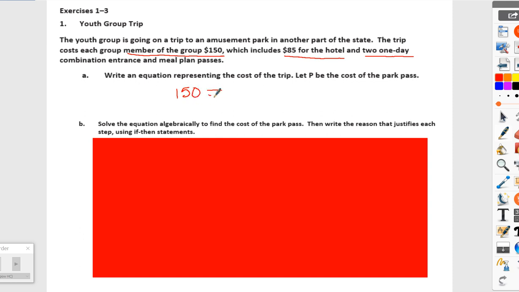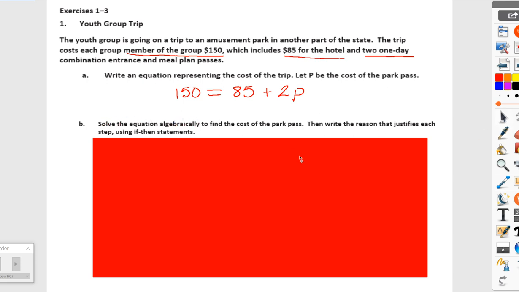That is the same thing as they pay $85 for the hotel, plus they get 2 passes. p is the pass. Now remember, our goal is to get p by itself, right? So A just wanted our equation. Now we're going to go to B, and we have to actually solve this.